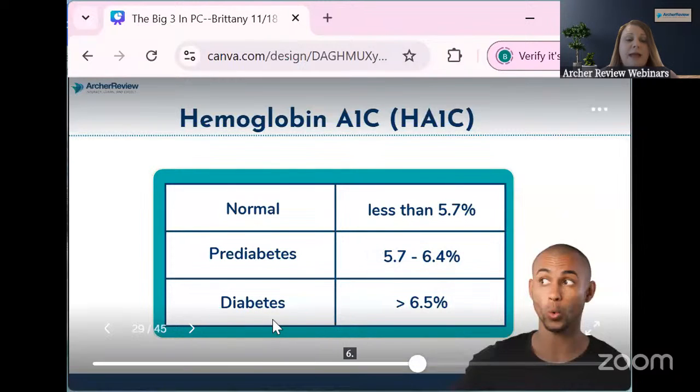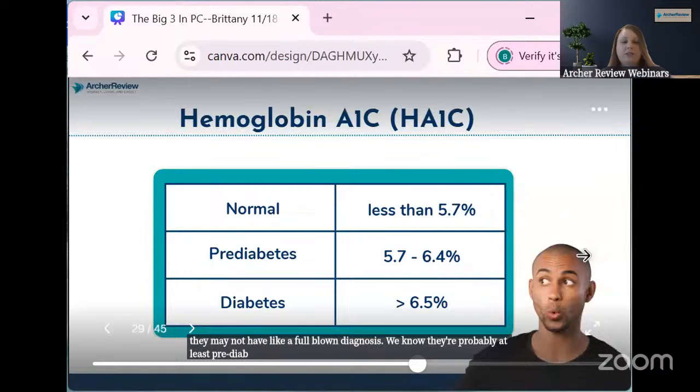And then full-blown diabetes is 6.5 or higher on 2 tests. So if they have this, we're going to try to get another one in 3 months and check it. But we're probably going to intervene first, even though they may not have a full-blown diagnosis. We know they're probably at least pre-diabetic. So just some things for you there.